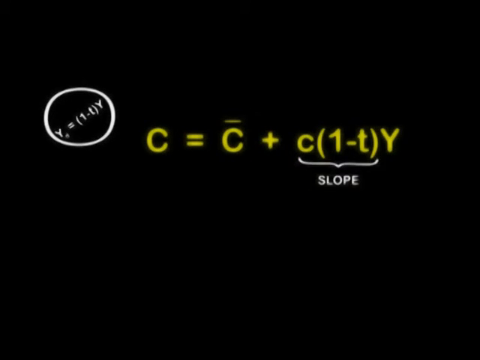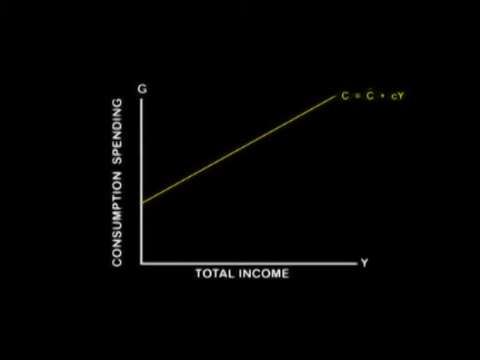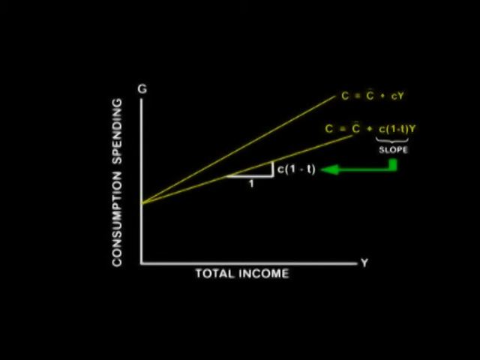So this is what the consumption function becomes, with a slope of c into 1 minus t. This is our original consumption function with a slope of c over 1. By including tax in the model, the consumption line has a flatter slope of c into 1 minus t over 1.